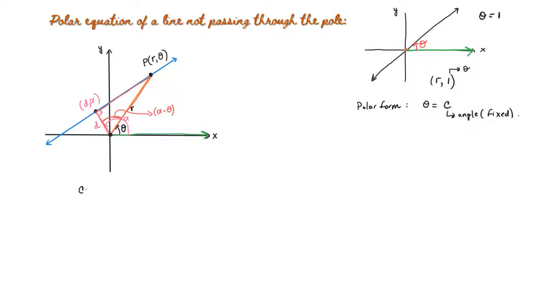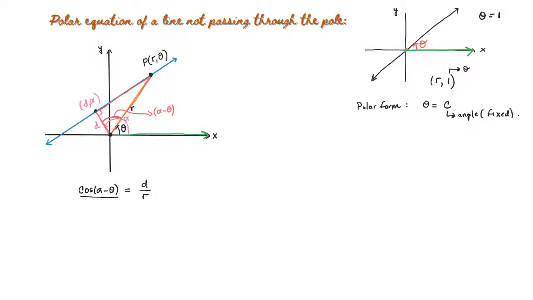I know that cosine of alpha minus theta, the angle inside of the triangle, is going to be equal to the adjacent over the hypotenuse. So d divided by r.